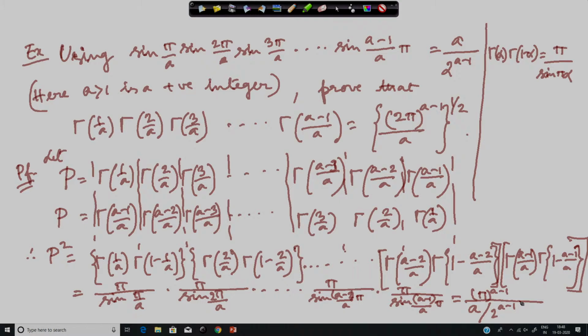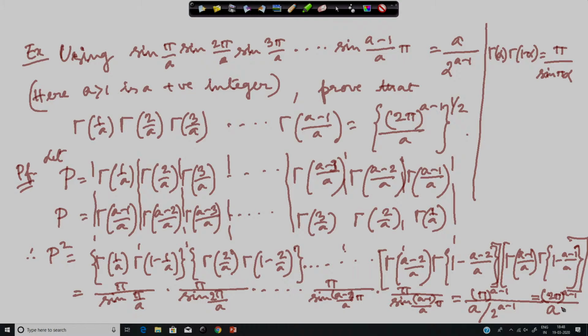Okay. So, that we can write as, this 2 will move to the numerator, 2 pi to the power a minus 1 by a. So, this is p square.